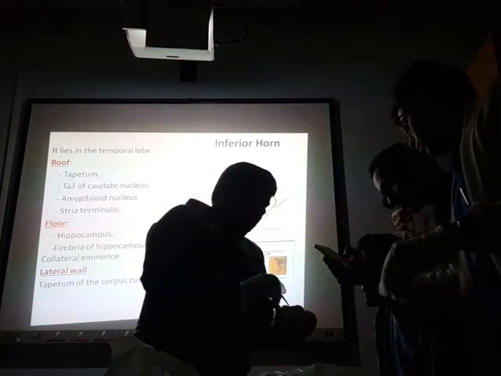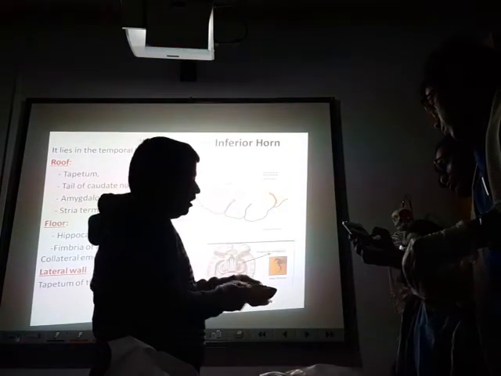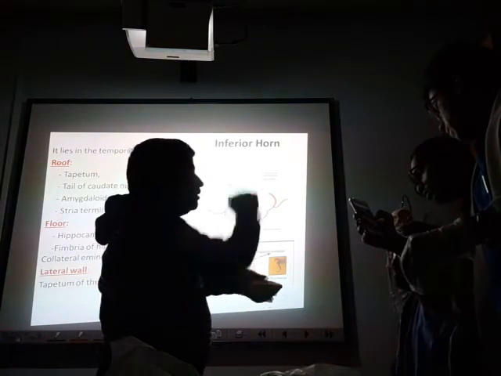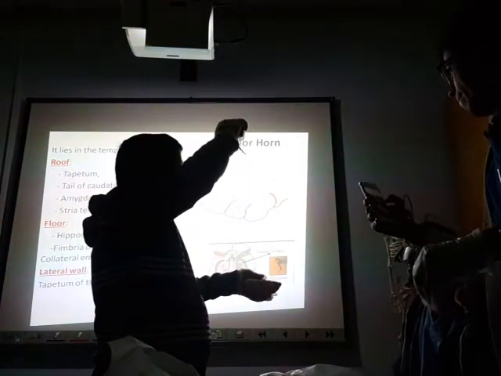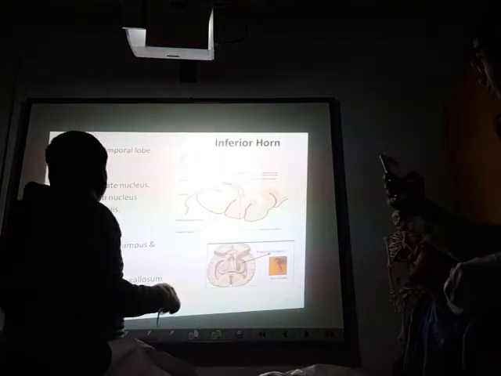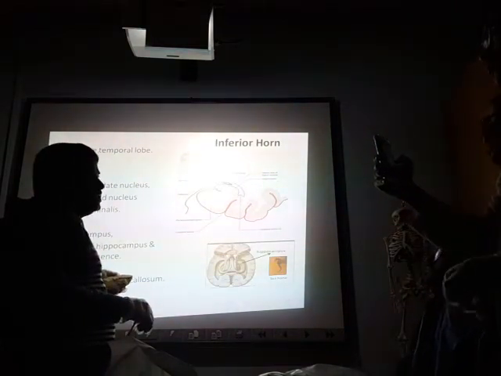This sulcus forms bulging where you find the inferior horn inside this temporal lobe. This sulcus forms an elevation in the cavity, which is called the collateral eminence, and one by the hippocampus, which is the hippocampal elevation.